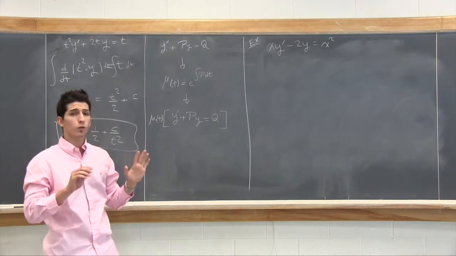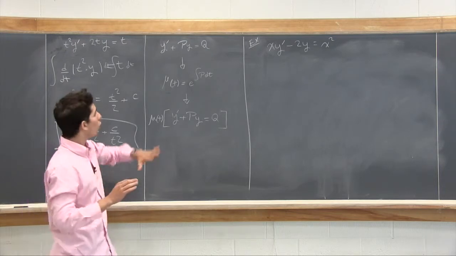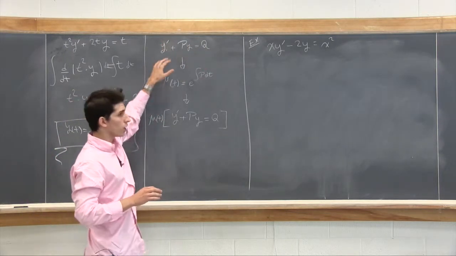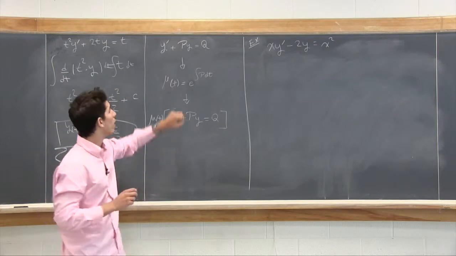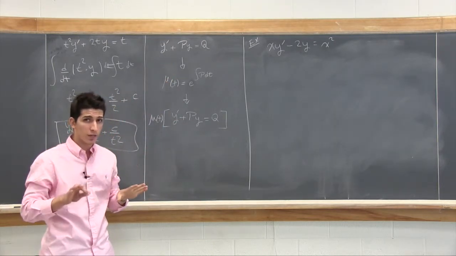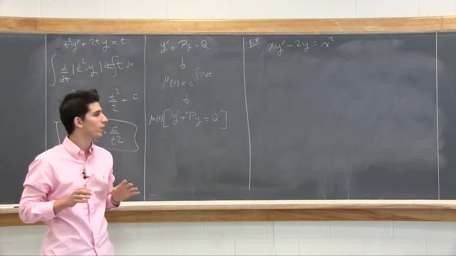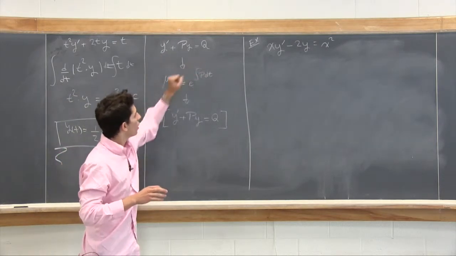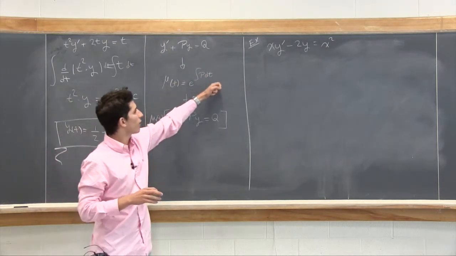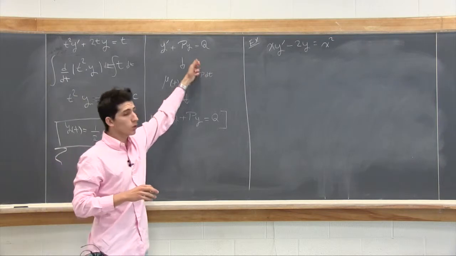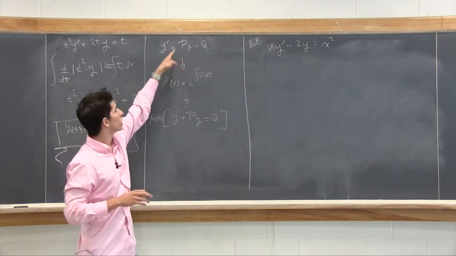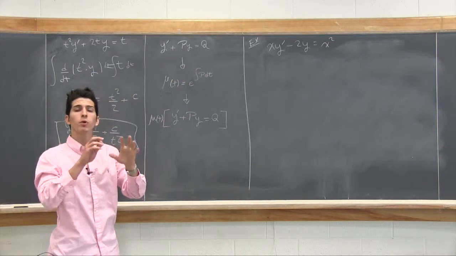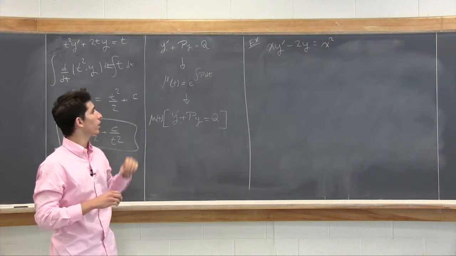And in order to find the integrating factor, all you have to do is put the equation in standard form. Remember, it's when y prime doesn't have any coefficients. It's just y prime by itself. And then you find the integrating factor simply by taking the integral of p, which is the coefficient of y, and putting it in an exponential.